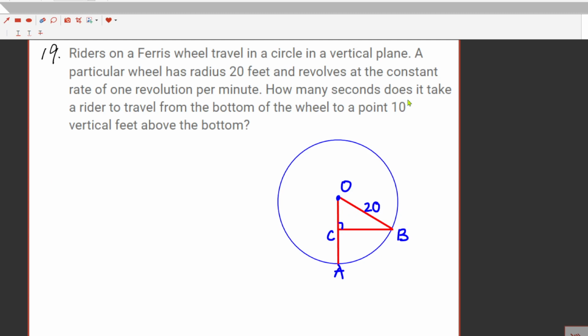Okay, a rider. How many seconds does it take a rider to travel from the bottom of the wheel to a point 10 vertical feet above the bottom? Okay, so we know AC is 10, so OC is also 10, right?